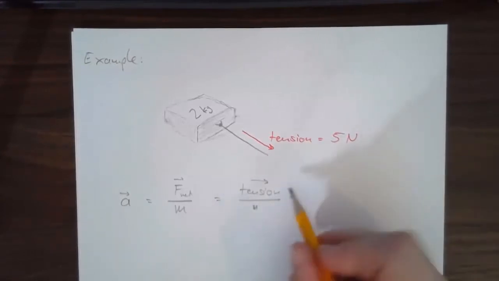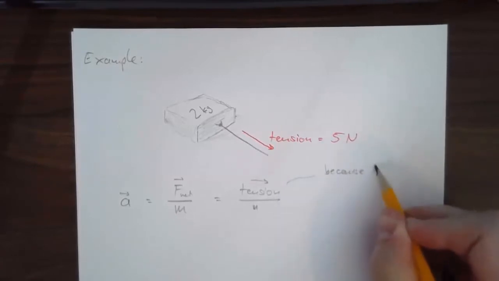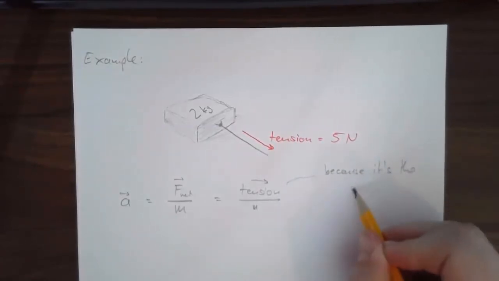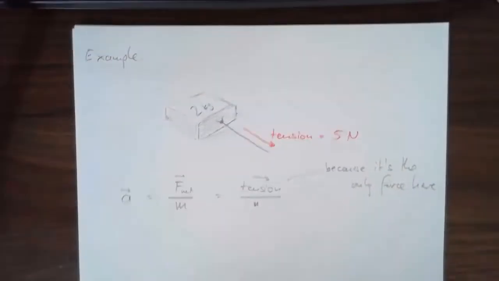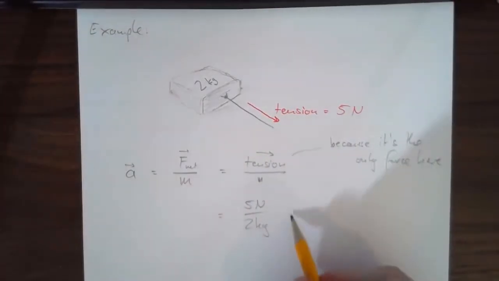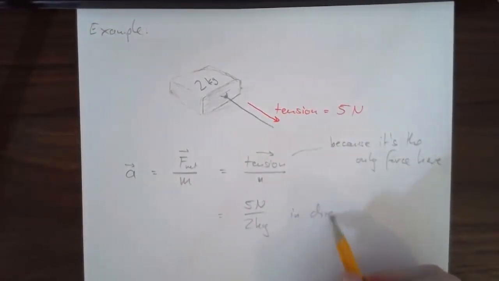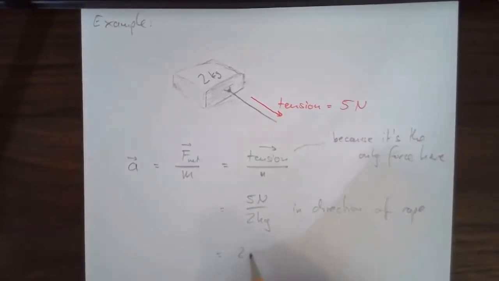Divided by the mass, because it's the only force in this scenario. So that's equal to 5 newtons divided by 2 kilograms in the direction of the rope, and of course, it comes to 2.5 meters per second squared in the direction of the rope.